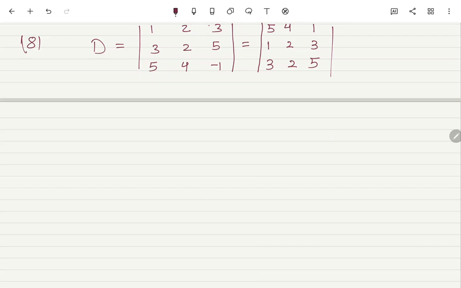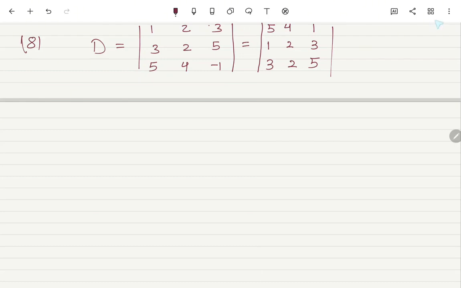Now, property number 9: if each element in the determinant of order n is a function of x, then the derivative of the determinant with respect to x is the sum of n determinants obtained from D by differentiating each row or column in turn.